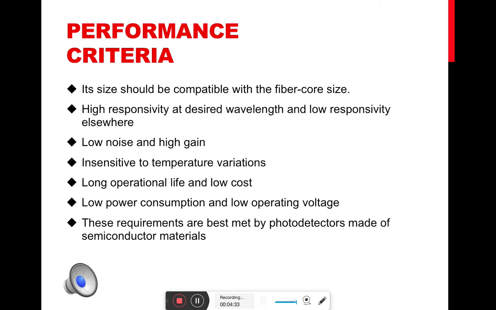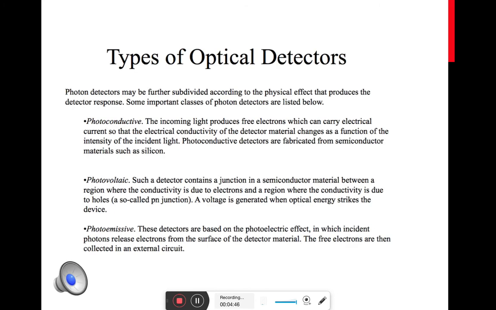When analyzing all these performance criteria, it was found that photodetectors made of semiconductor material exhibit all these properties. As already discussed, in an optical receiver the main component is an optical detector, and the function of the optical detector is to convert the light signal into an electric signal.